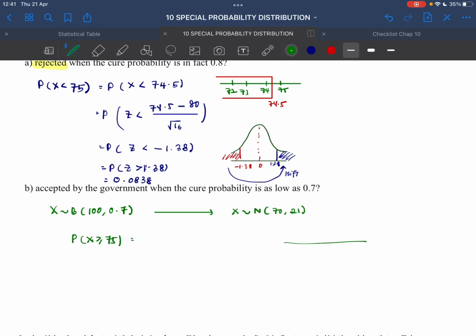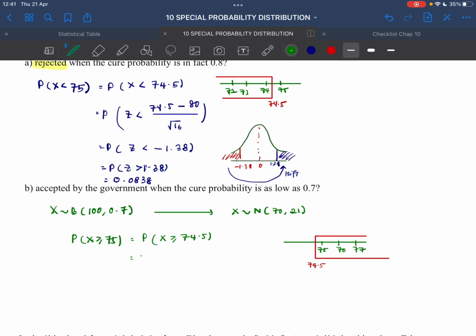So we have 75. Okay, 75 is included, 76, 77 and so on. So kita buat kotak ke sebelah kanan. And this number here will be 74.5. Why this number minus 0.5? Okay, so here will be P(X) greater than equals to 74.5.